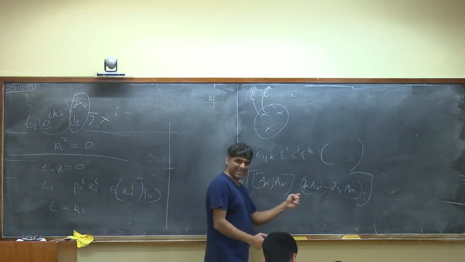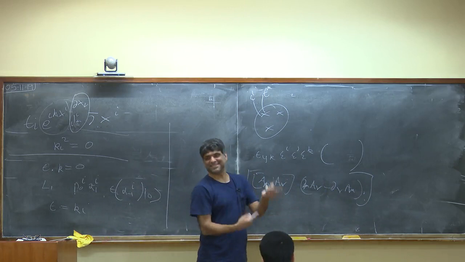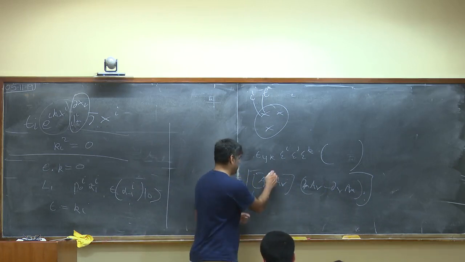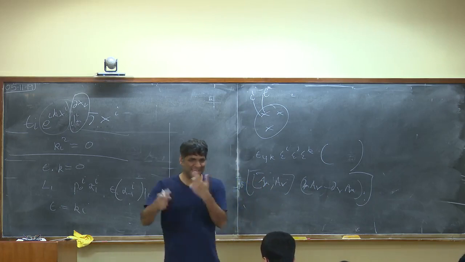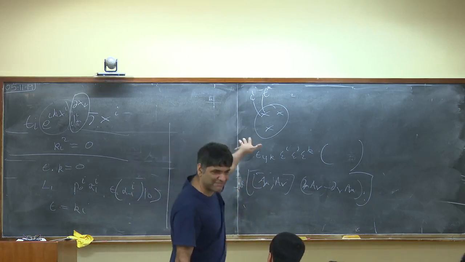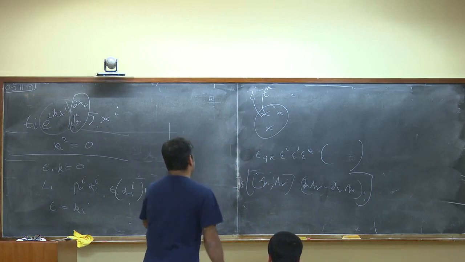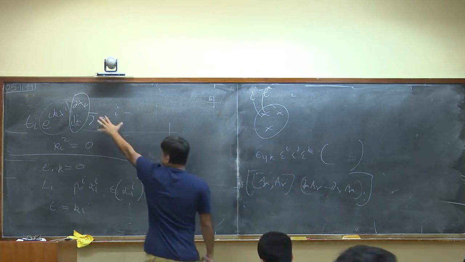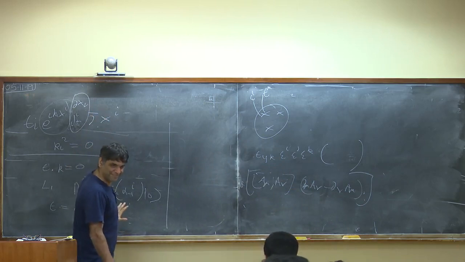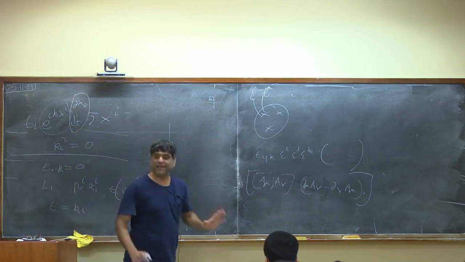Because the AA has the epsilons, that's where the epsilons come from. And the momentum factor will be one factor of momentum, that will come from the right moving side. So I'll leave it for you as an exercise.